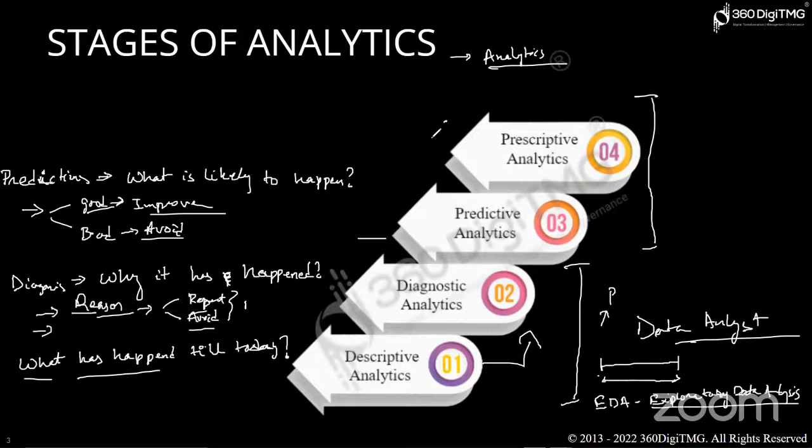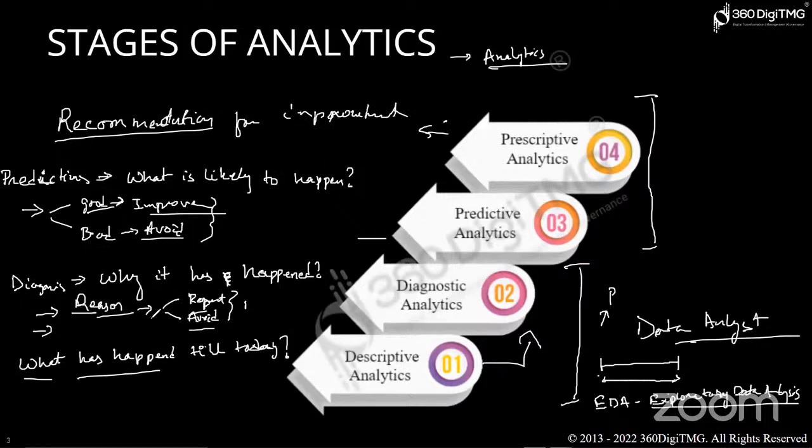That is the fourth step, which is prescriptive. Here we prescribe solutions to these issues. Basically, this is a recommendation zone. In the fourth step, we recommend improvements for the company. So these are the 4 stages of analytics.